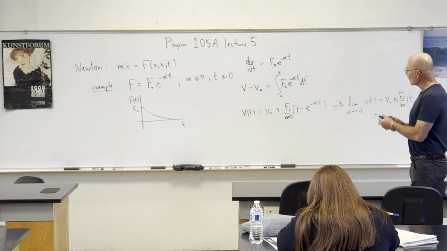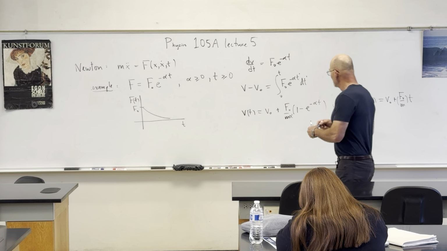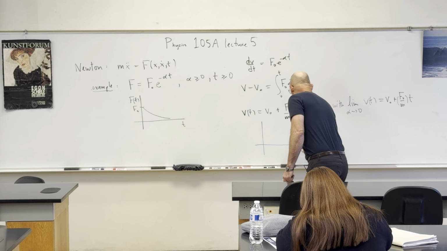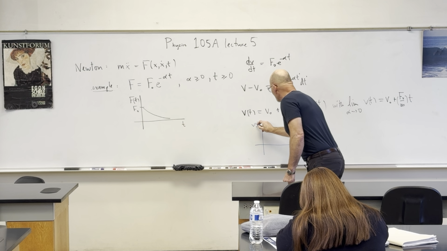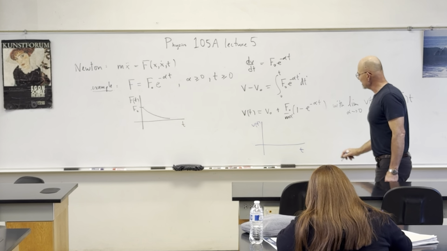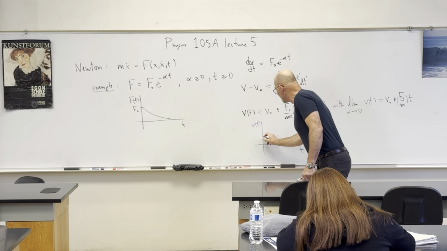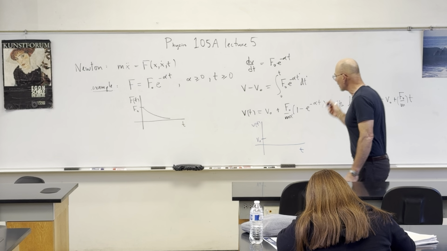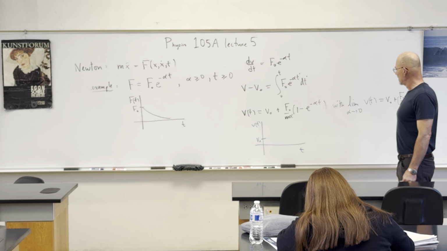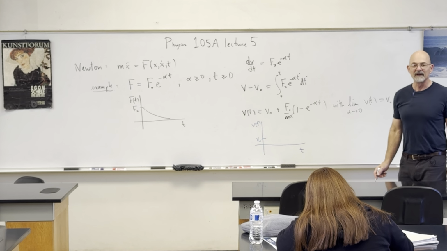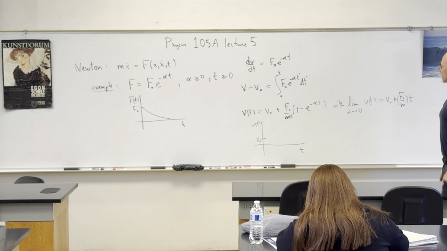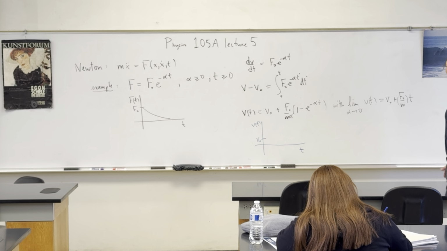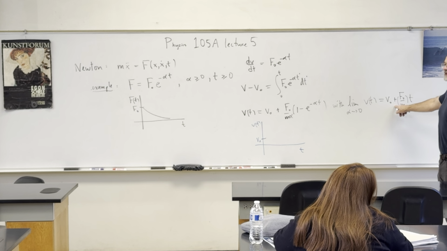What if we had to graph this? What if we had to graph v of t, and at t equals 0 we had this positive v0. What's this graph going to do? Anybody? Pardon? It depends. This one is going to be a straight line, right?